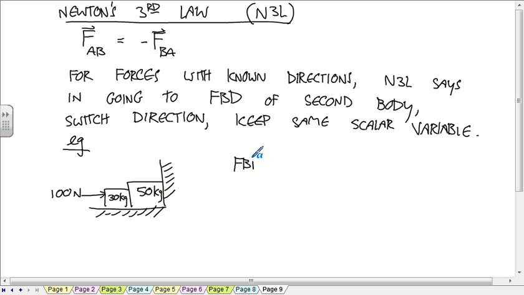Then the free body diagram of the 30 kilogram box.